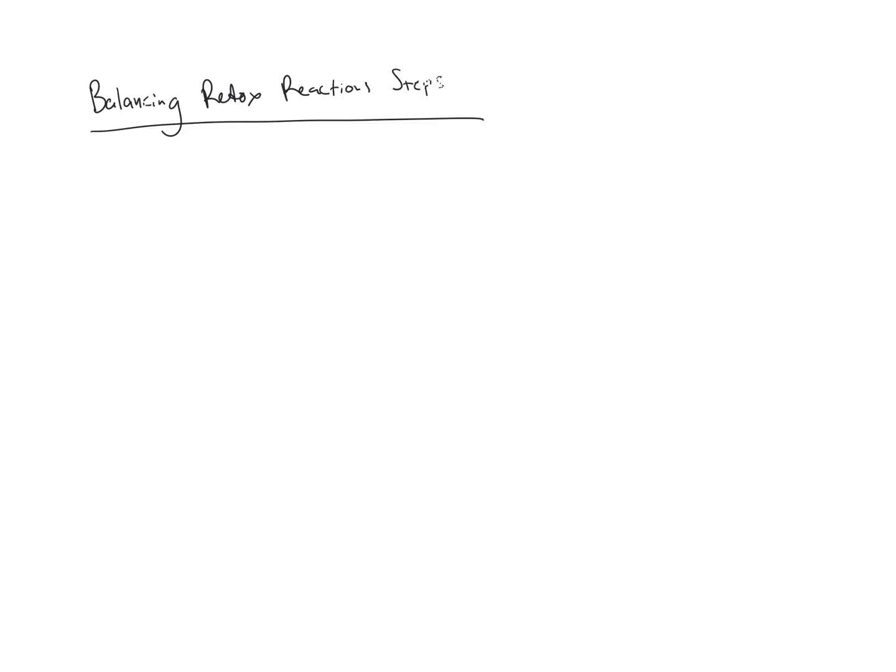So now I'm going to give you a list of steps, all in order, for balancing half reactions or balancing redox reactions. Number 1, we're always going to assign oxidation numbers to everything in our reaction. Secondly, we're going to write the oxidation and reduction half reactions, similarly to what I did on that last slide.